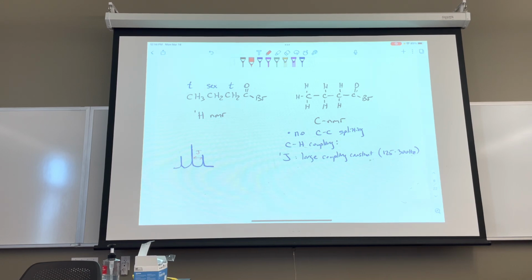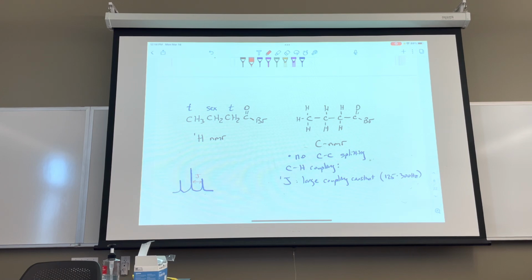So let's think about 1J coupling on the molecule that we've been working with. How would this carbon be represented if it were coupled to its protons? It's got 3 protons directly attached. 3 + 1 is 4, so this would appear as a quartet.